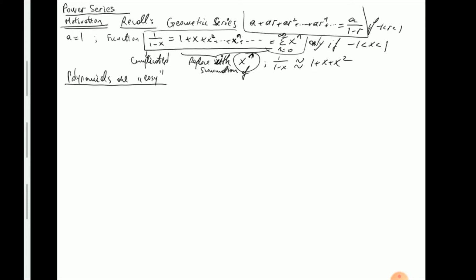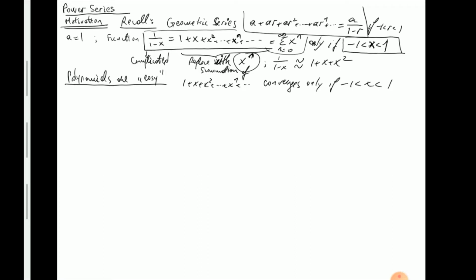But crucially, notice that often the ability to represent a function by a series is constrained by the interval of convergence. So 1 plus x plus x squared plus x to the n, this thing converges only if x is between -1 and 1.